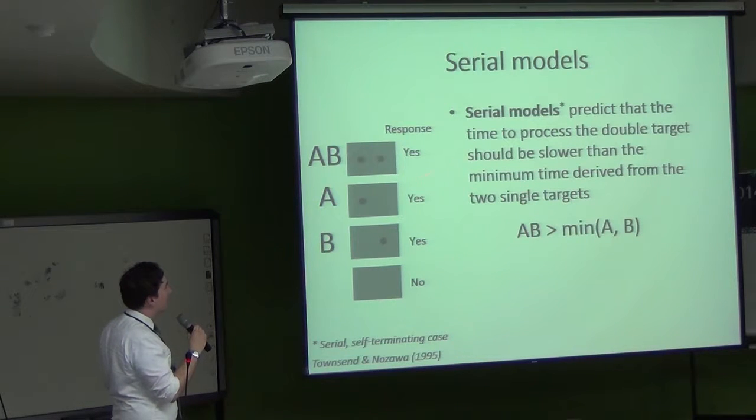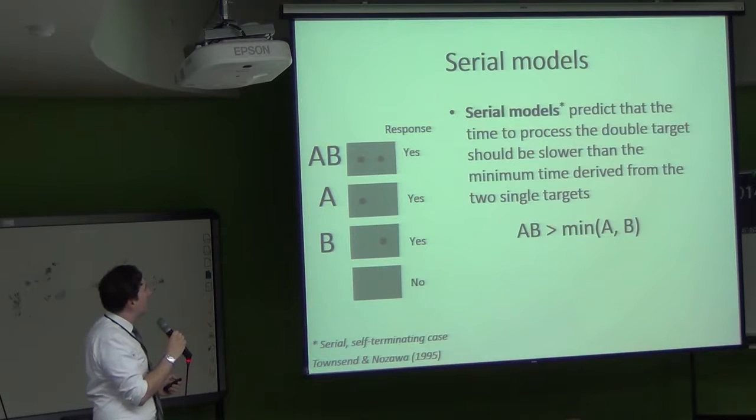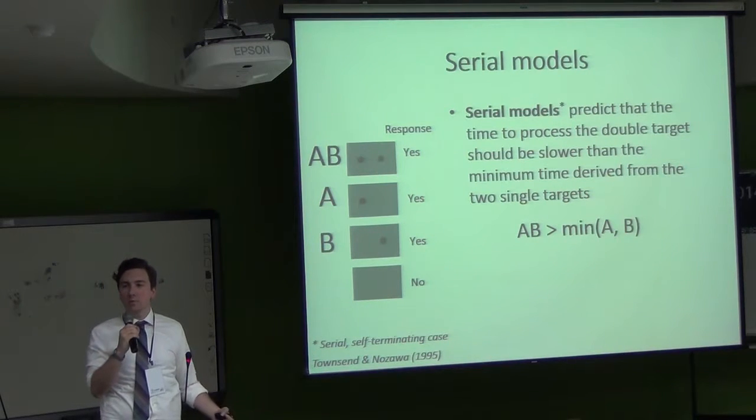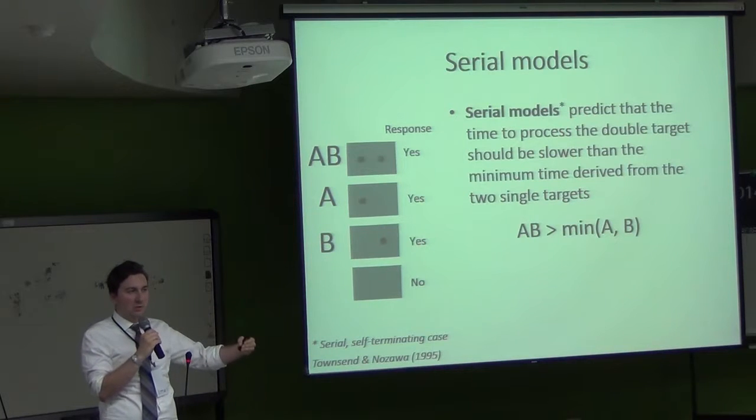Now, capacity in a serial model, serial self-terminating model, predicts that the time to process the double target should be slower than the minimum time that you derive from the 2 single targets. So if we, again, run this task and derive the minimum time from the 2 single targets, a serial model, because you process just one of these. So the assumption here is you're processing these channels in a serial self-terminating fashion.